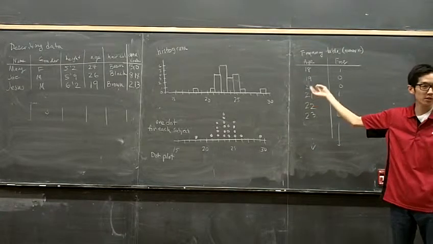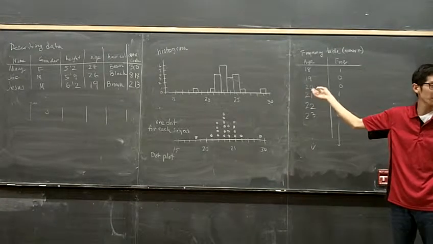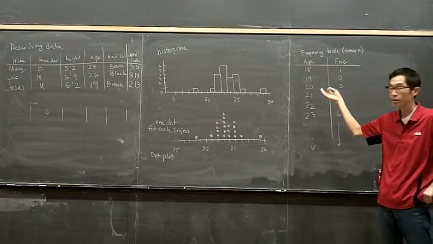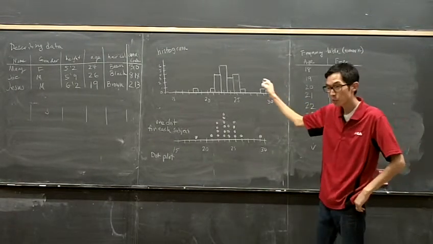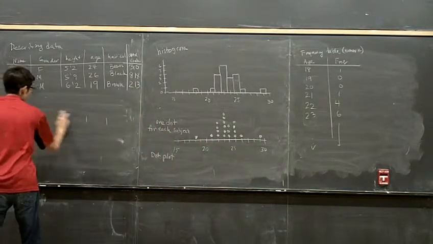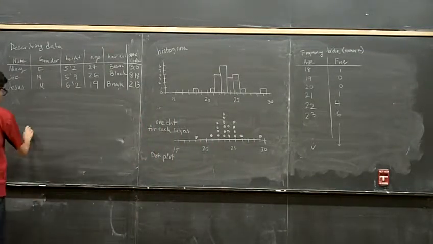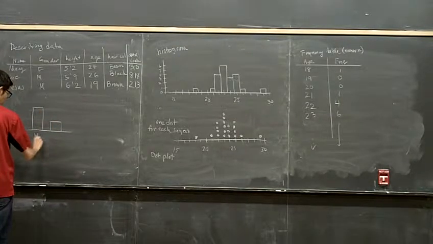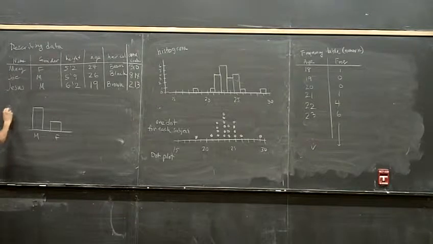This is different from a bar chart. A bar chart is what we use for categorical data. A histogram has bars, but it's not a bar chart. A bar chart was what we had when we had male and female. This is a bar chart.